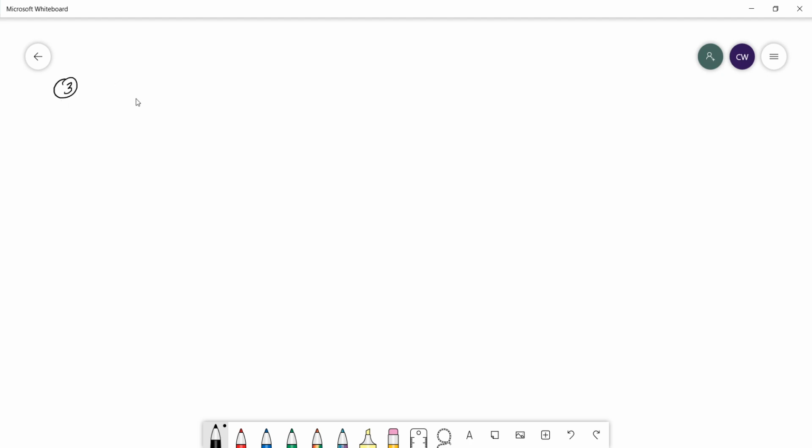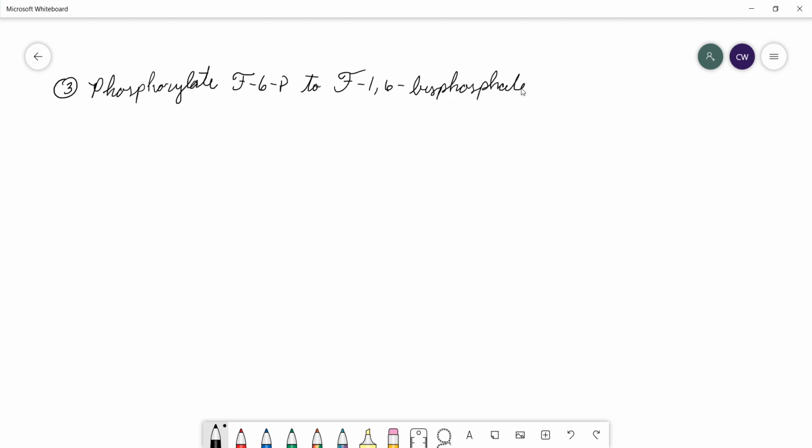Third reaction is we need to phosphorylate fructose 6-phosphate to fructose 1,6-bisphosphate, which I tend to abbreviate as F16B.